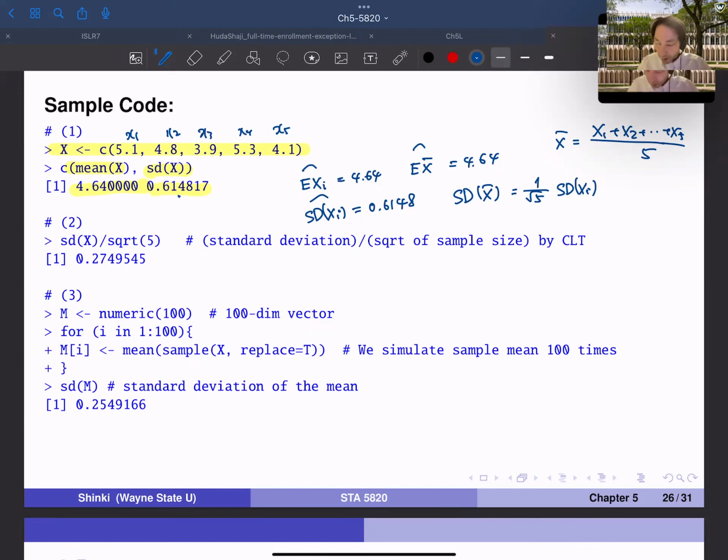So if we take the square root, that is 1 over square root of 5. So this estimate is 1 over square root of 5 times 0.6148, which is 0.24727495545.